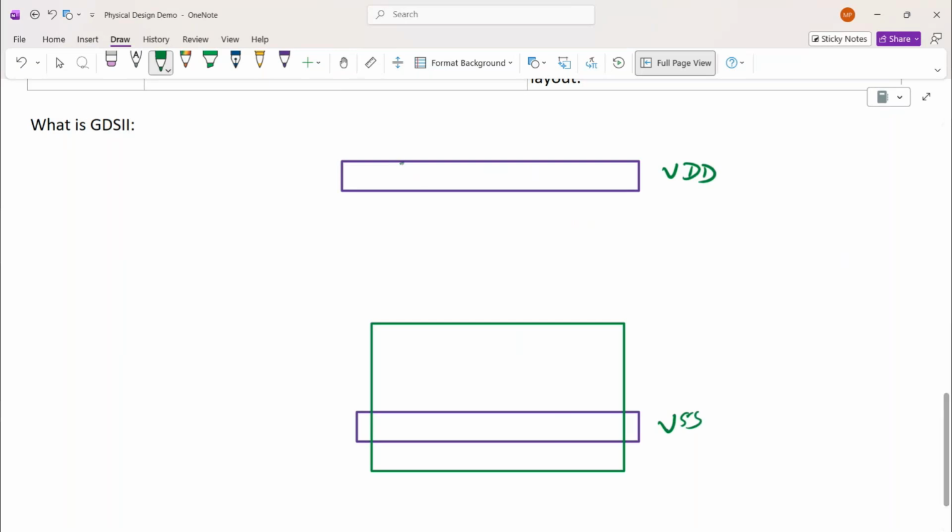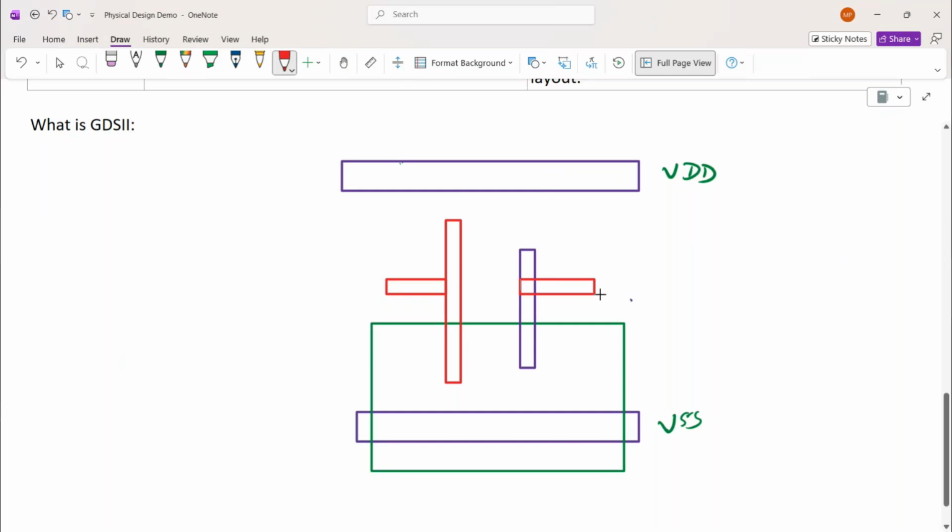Here the polysilicon is, so here it will be polysilicon, right? Every one of us has done this. These are inputs and outputs that we draw. Again, they are connected in this way.